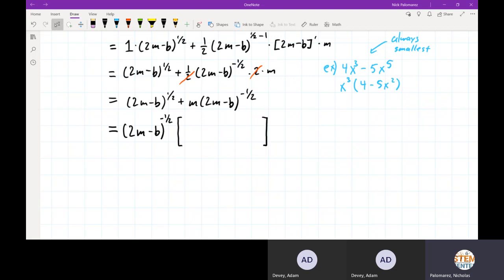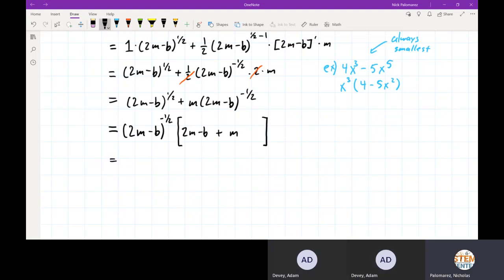What's left over? It's actually the whole thing, 2m minus b. The parentheses should go away. Yeah, you don't need the parentheses anymore. Plus m. There you go.